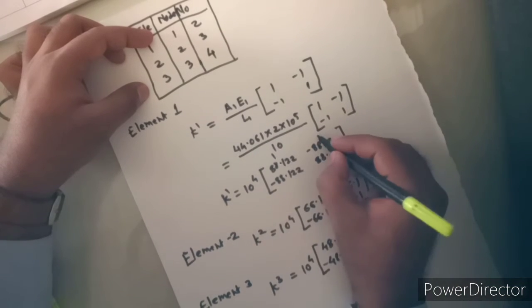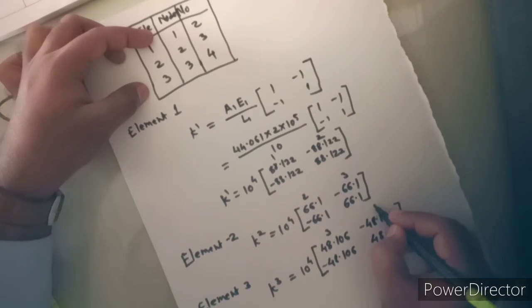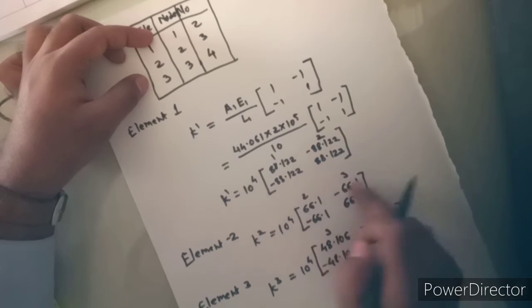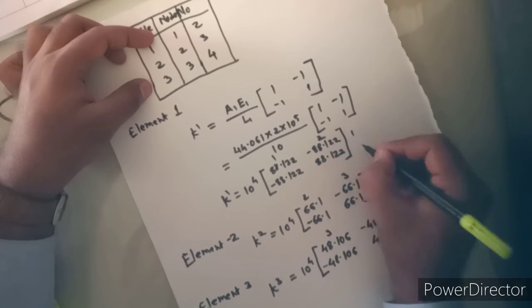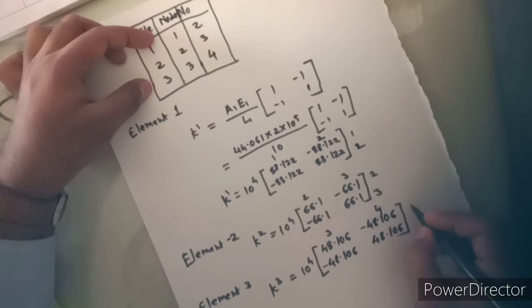It's for nodes 1, 2, then 2, 3, then 3, 4.